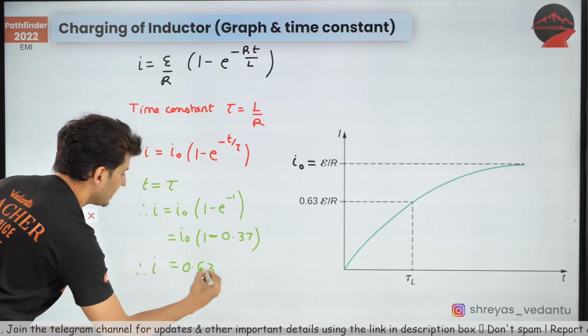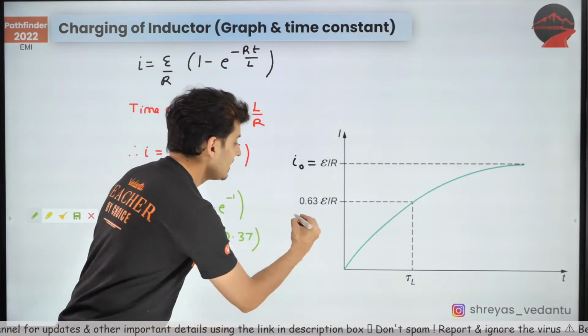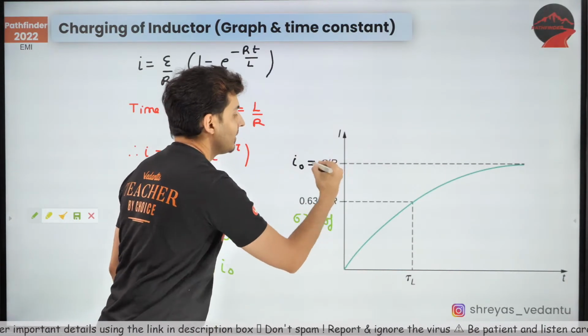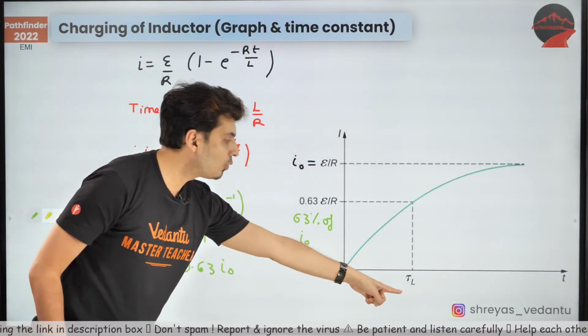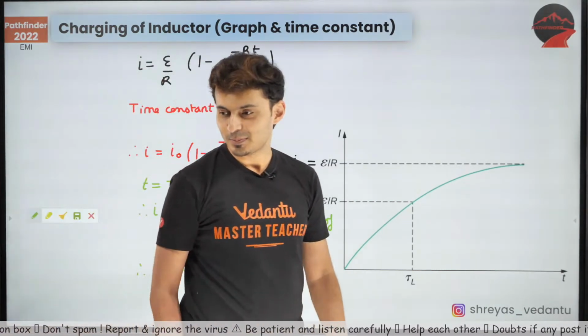So guys, this tells me that the current builds up to 63% of the maximum current, 63% of I naught, after one time constant. I hope this makes sense.